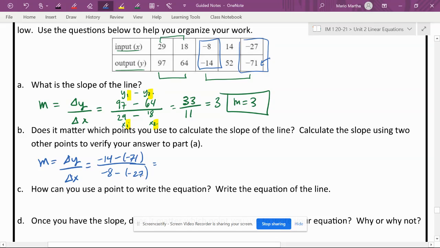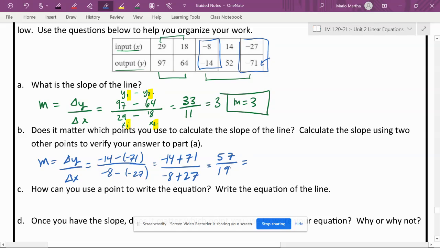So here we simplify one more time. That's going to give us negative 14 plus, negative times a negative is a positive, 71, over negative 8 plus 27. So negative 14 plus 71 is positive 57, divided by positive 19.